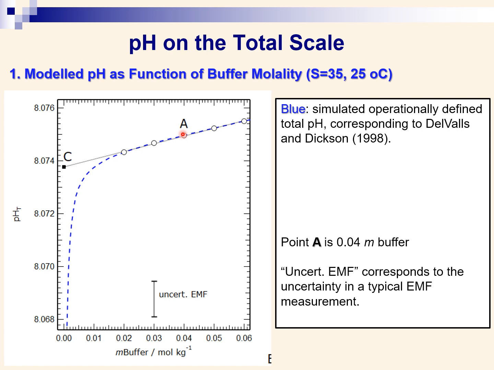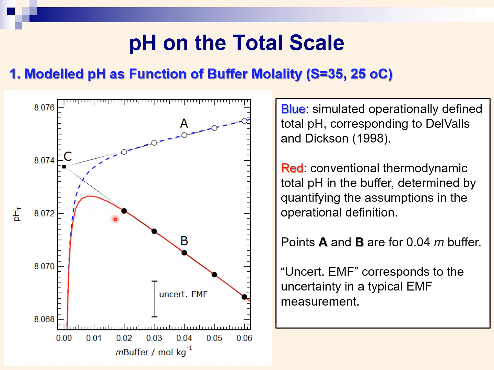Point A here identifies the solution containing the 0.04 mole per kilogram of buffer, and point C will be explained shortly. This here is the magnitude of the typical uncertainty in an EMF measurement from which pH is determined.